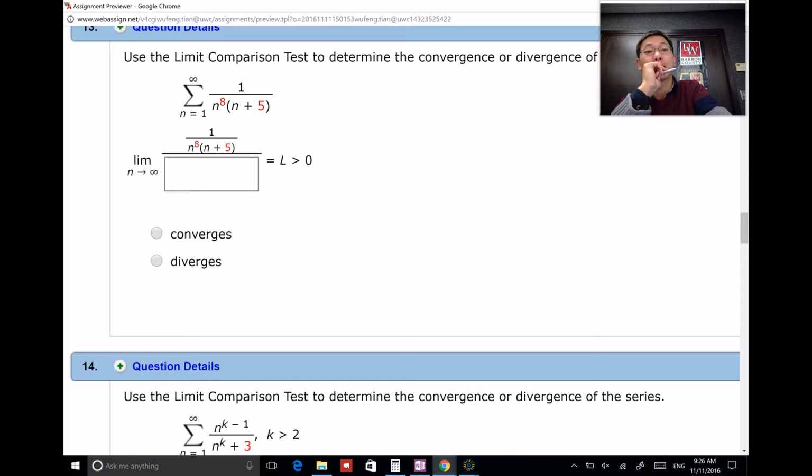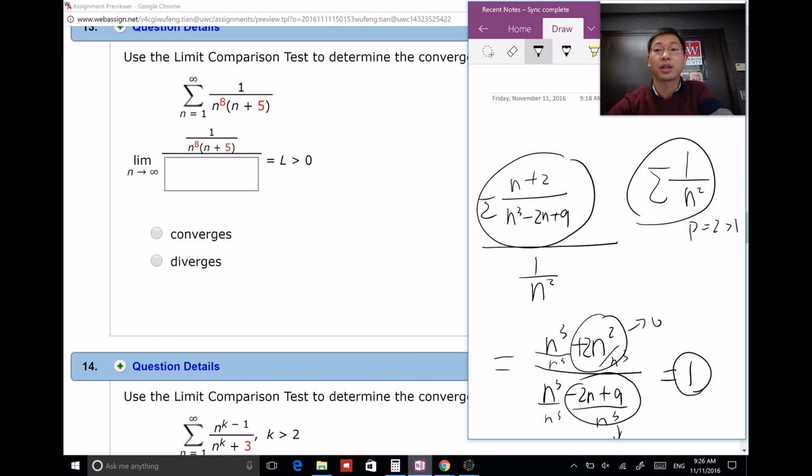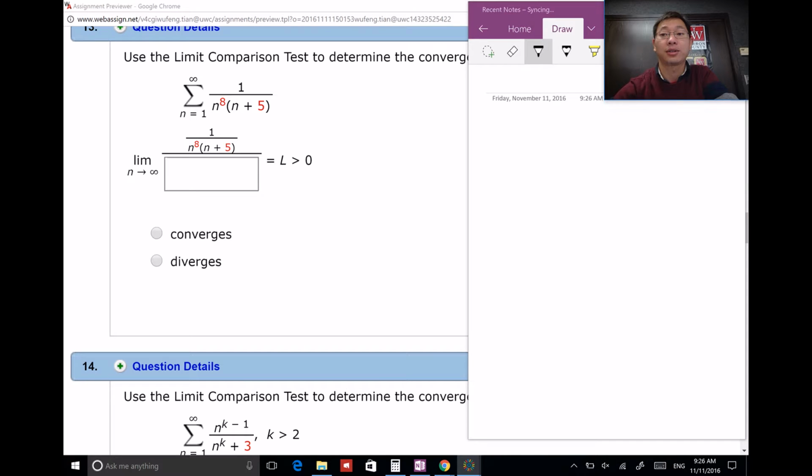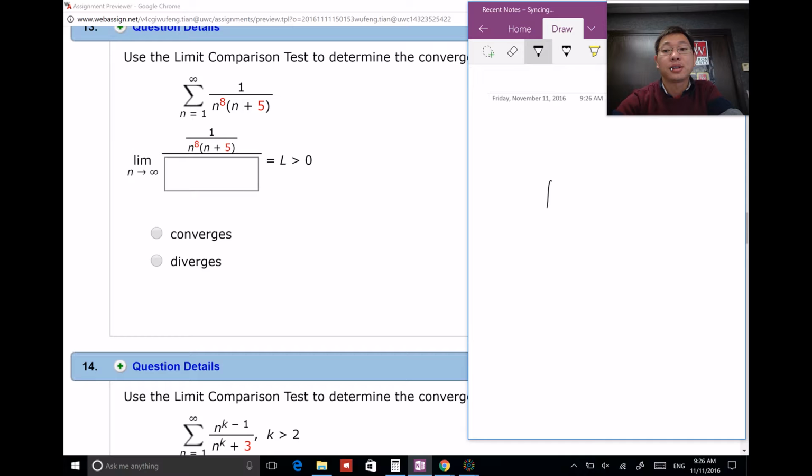Why does it converge? Can you compare it to 1 over n to the 9? Yeah, you can compare it with 1 over n to the power 9. The reason you can compare those two is that you have 1 over n to the power 9 plus 5 n to the power 8.